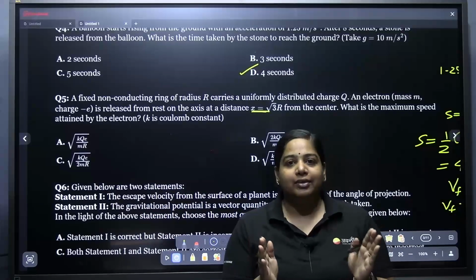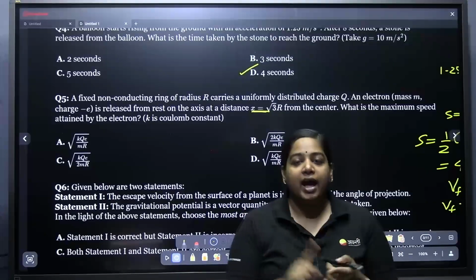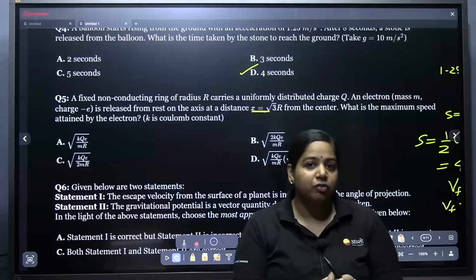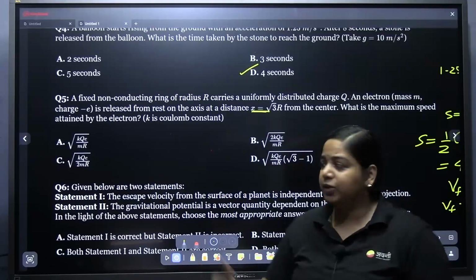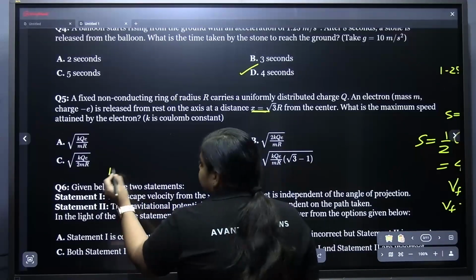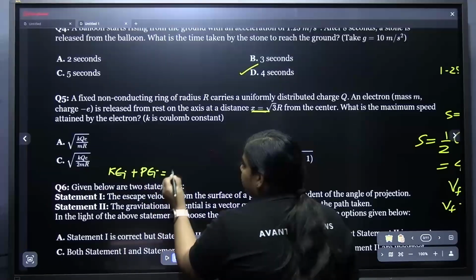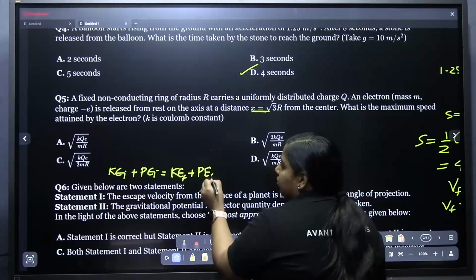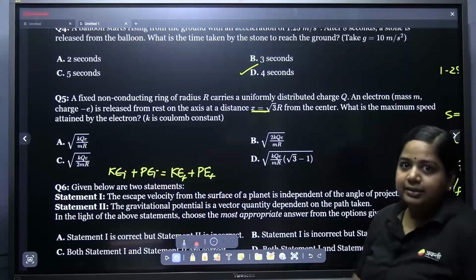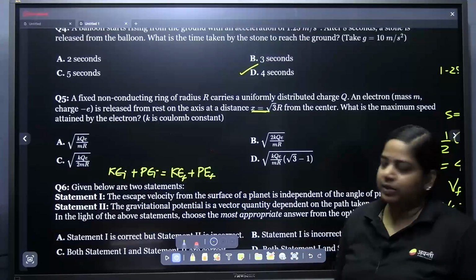Whenever you have to calculate speed but nothing related to time is given, then use the equation of conservation of energy. Okay, conservation of mechanical energy, use here. So initial kinetic energy plus potential energy is equal to final kinetic energy plus final potential energy. Since no time is mentioned anywhere, we have to use this equation.